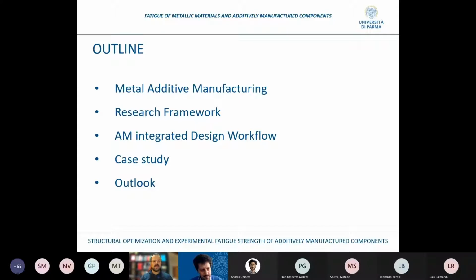After that, the presentation of a case study that we developed based on the previous workflow. In the end, some conclusions and future outlook will be reported.